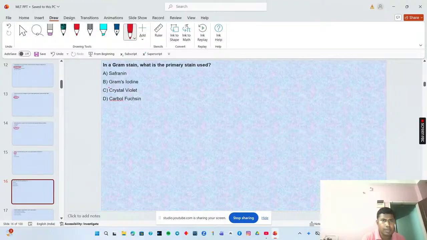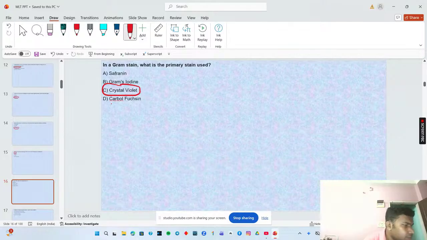It is crystal violet. Okay, crystal violet will be the right answer. So crystal violet is the primary stain used in the Gram staining process.